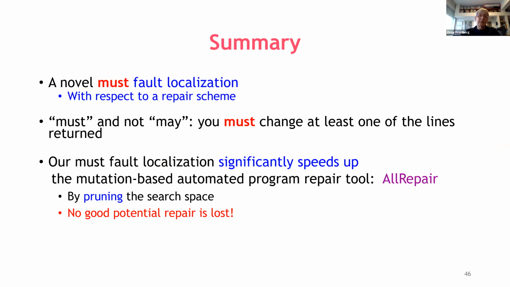So just to summarize this part of the talk, we suggest a novel Must fault localization with respect to a repair scheme. It is must and not may. We must change at least one of the lines returned in order to get rid of the bug. And our Must fault localization significantly speeds up the mutation-based automated program repair tool AllRepair without losing any potential repair.